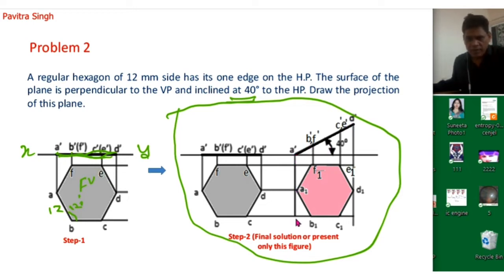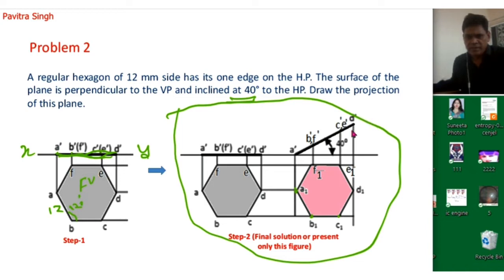So now we will draw a vertical line from point A dash and a horizontal line from point A. So we will get this point A1. Similarly, a horizontal line from point B and a vertical line from point B dash. These two lines, vertical and horizontal, intersect at this point, so this will be the new point B1. Similarly, horizontal and vertical lines from C dash give C1.